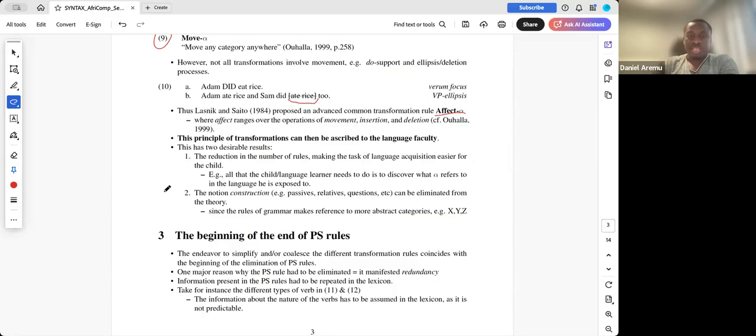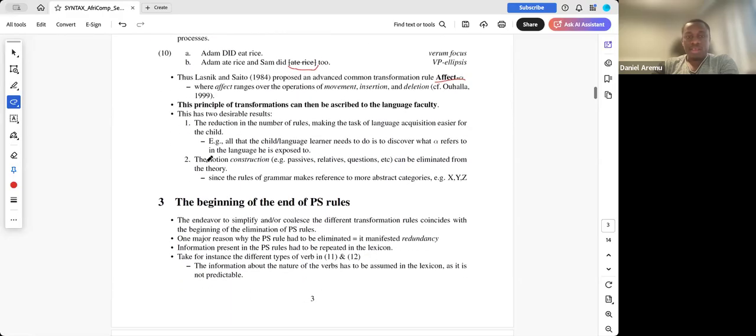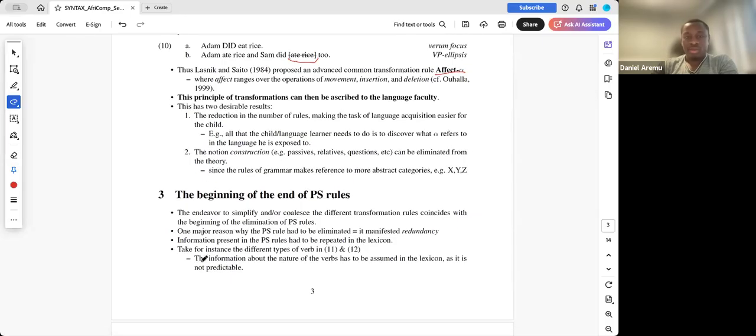So it reduced the number of rules, and that makes the task of language acquisition easier for the child. And secondly, the notion of construction, like passive, relative questions, can be eliminated from the theory. Even though we still use this notion, right? We still use this notion, but the aim is that we can actually eliminate these notions and just say move alpha, basically.